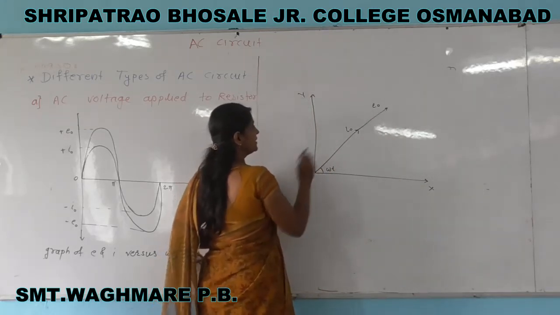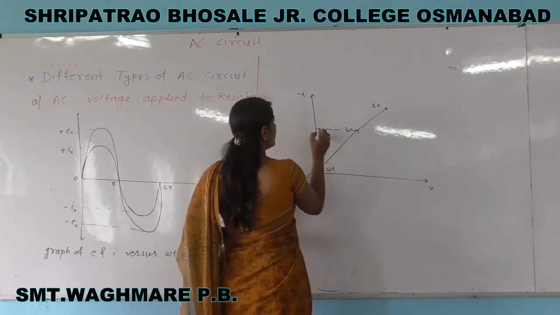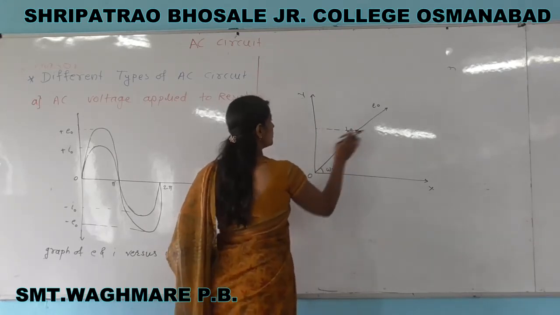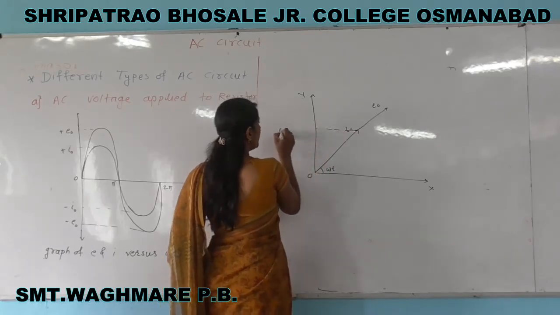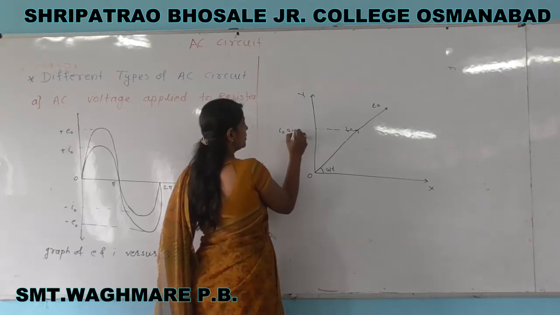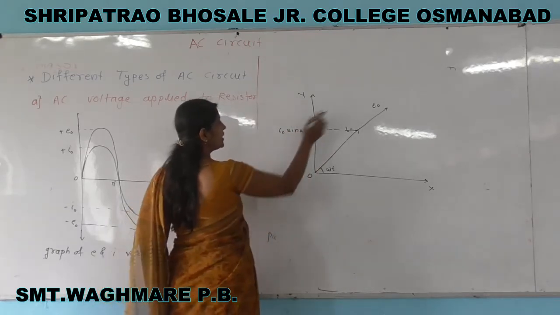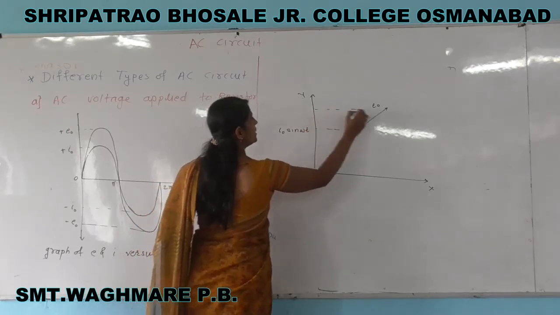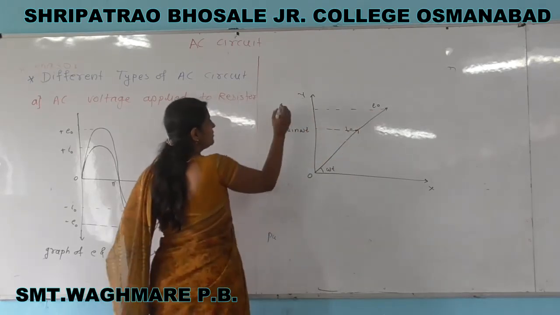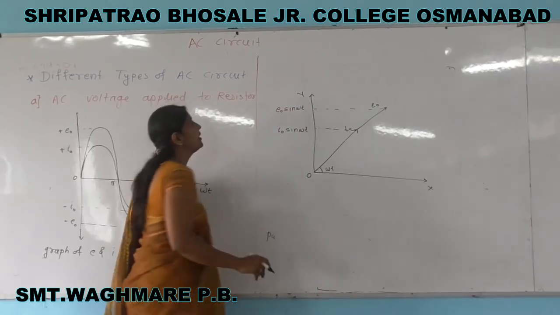This is the y-axis. When we use the projection from this point, we get the instantaneous value I naught sin omega t of current, and this will be the instantaneous value of EMF, that is E naught sin omega t.